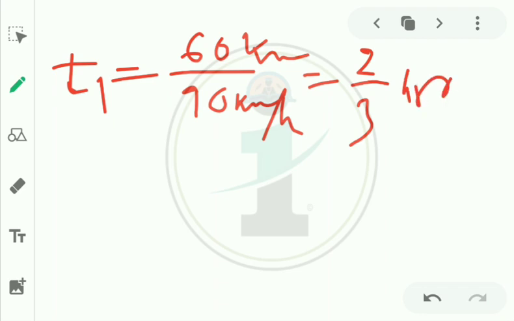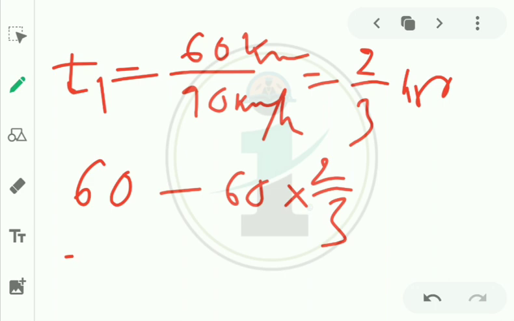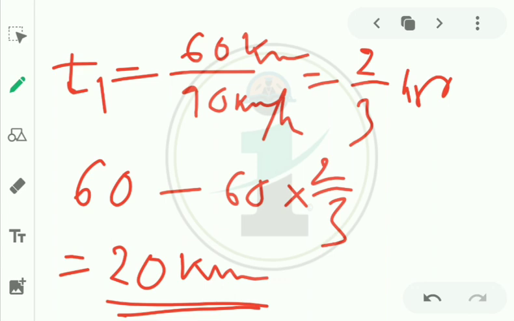For the second trip, the bird will also move with a relative velocity 90 km per hour, but the distance will be reduced. The initial distance was 60. Now the distance will be reduced, and this will give us 20 km. So this is the distance the bird has to travel in the second trip.